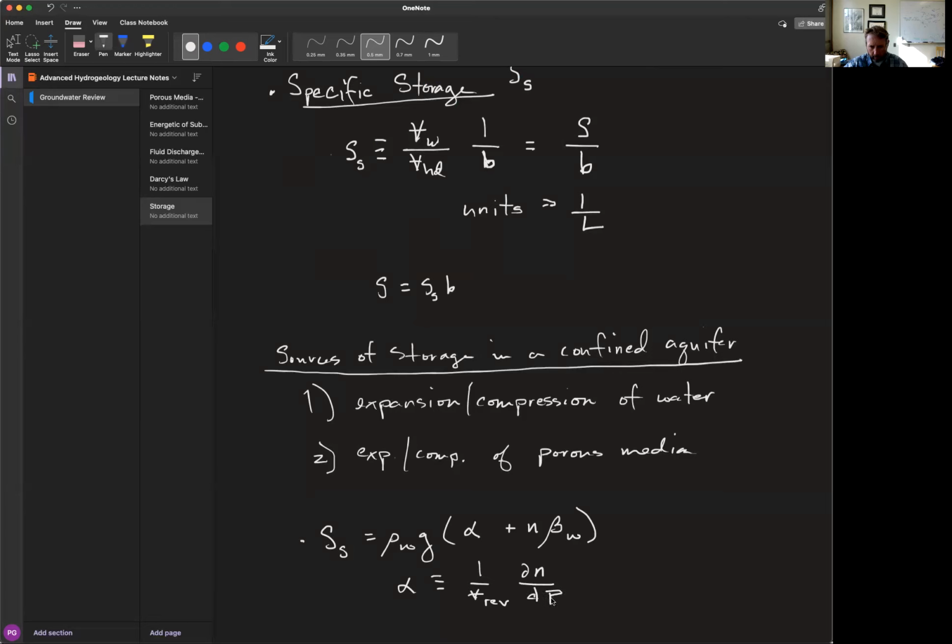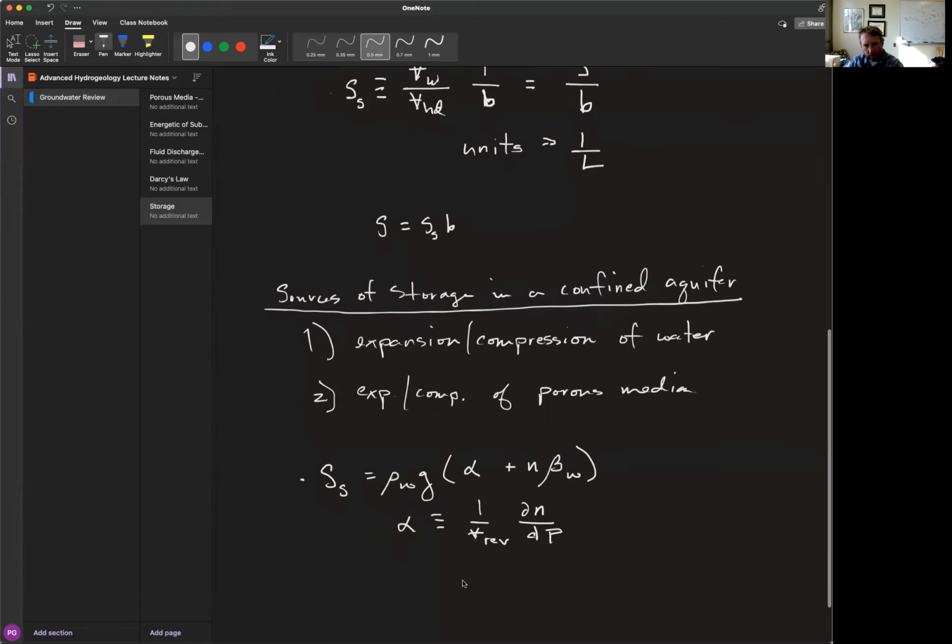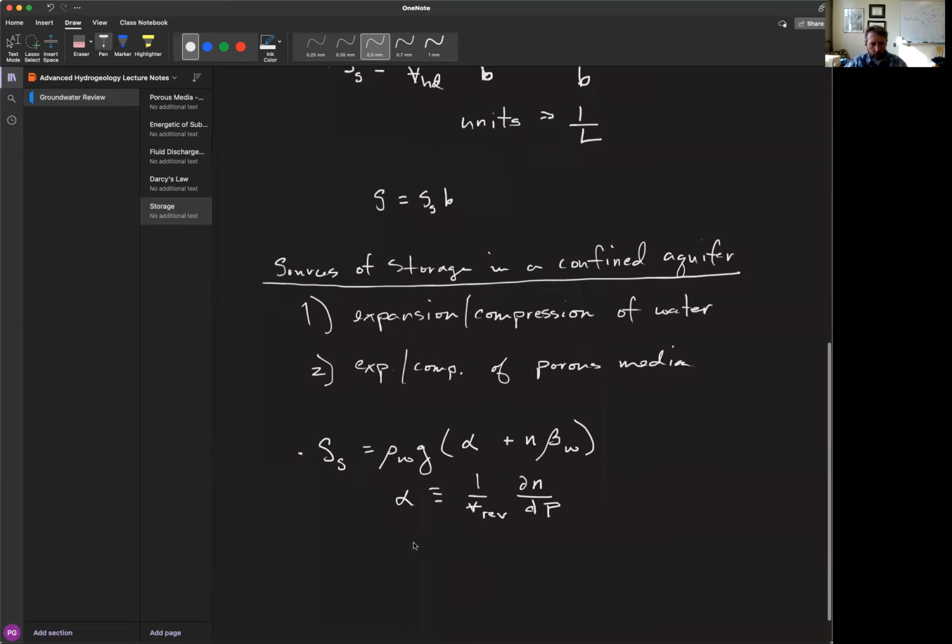dP, and beta sub water is 1 over V sub water dV water dP.